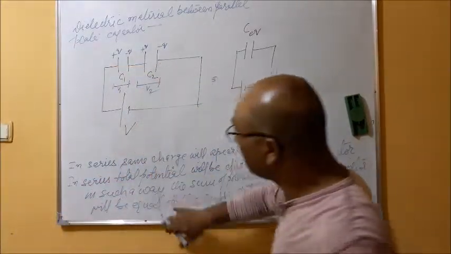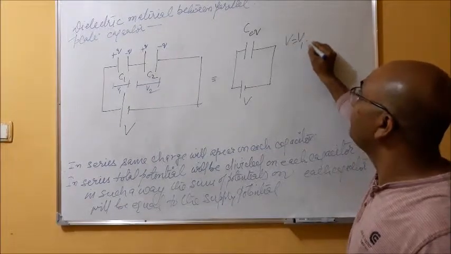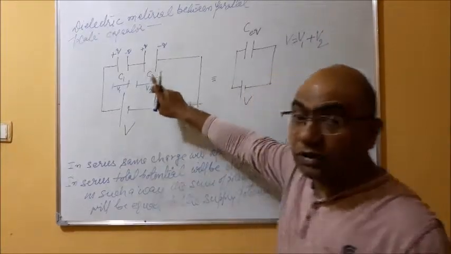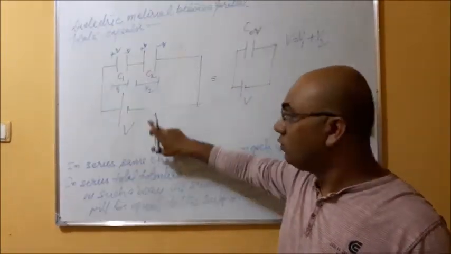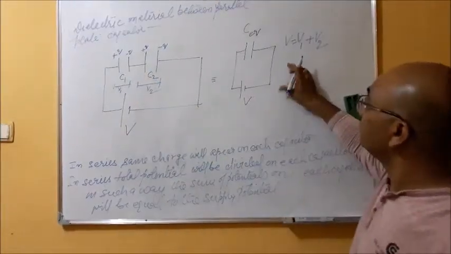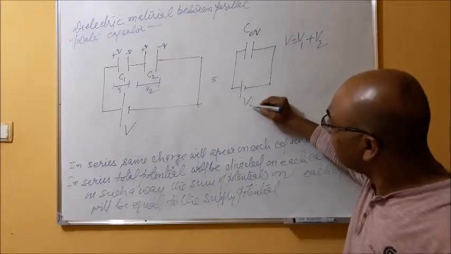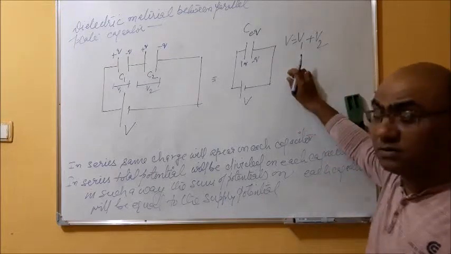So if I write mathematically, V will be V1 plus V2. V1 is the potential at C1, V2 is the potential at C2, and V is the total potential given by the supply. Same thing here, if this is V, this will give plus Q and minus Q over here.